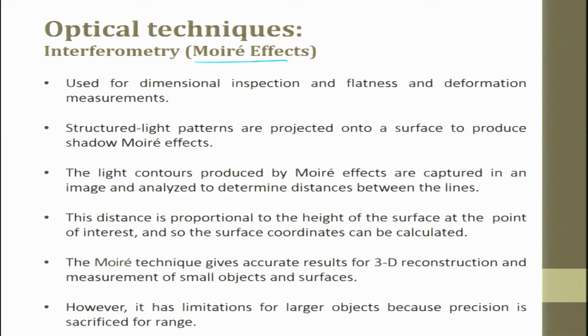The Moire technique gives accurate results for 3D reconstruction measurement of small objects and surfaces. However, it has a limitation for large objects because precision is sacrificed for range. So, generally these Moire fringe effects are used for experimental techniques, for experimental stress analysis.